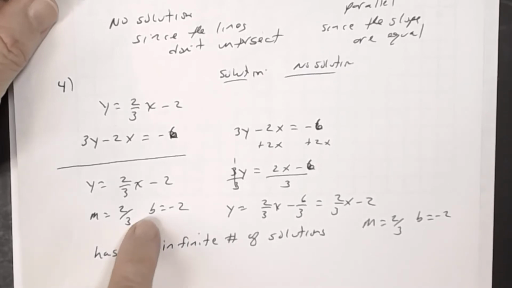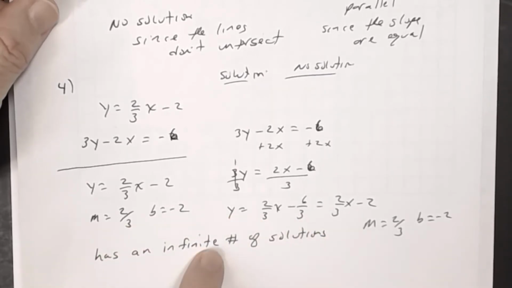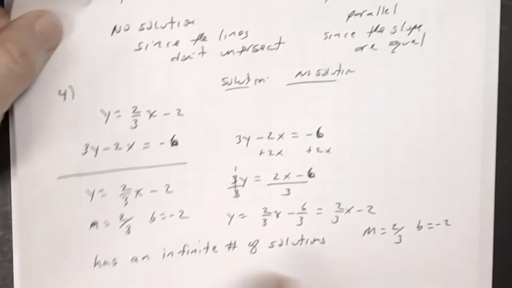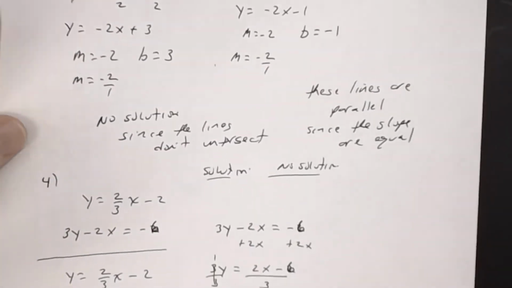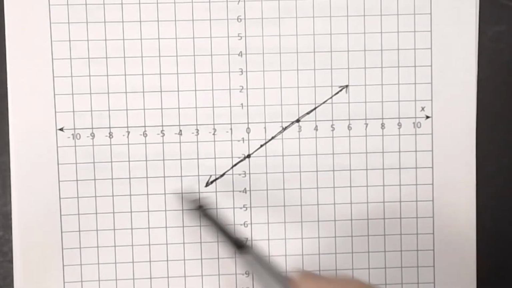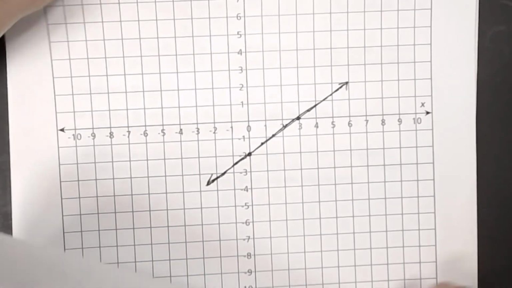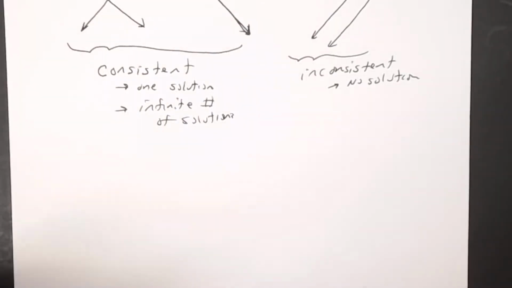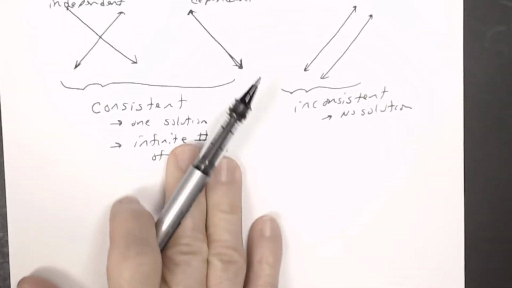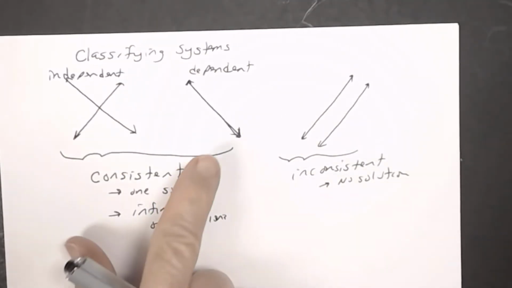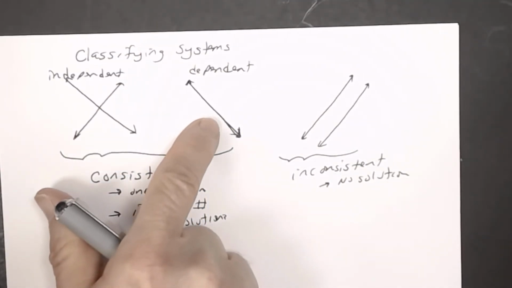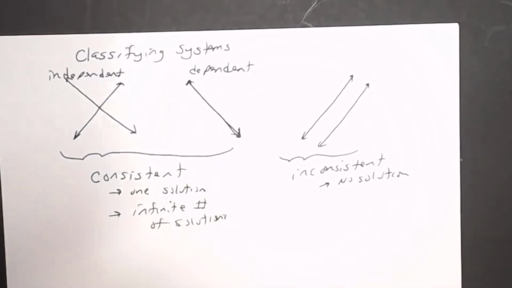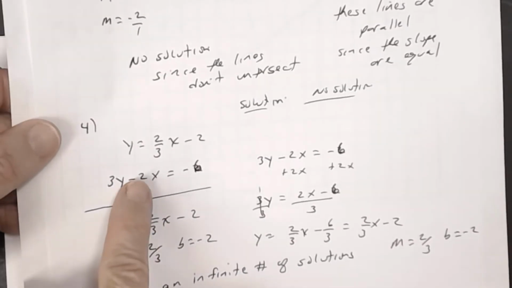Notice that the slopes were the same and the y-intercepts were the same. And so we had an infinite number of solutions. Remember, that's where the graphs overlap. So this system, where you have an infinite number of solutions, is this system right here.